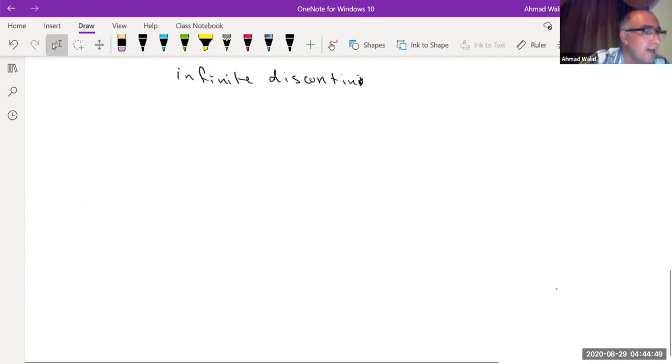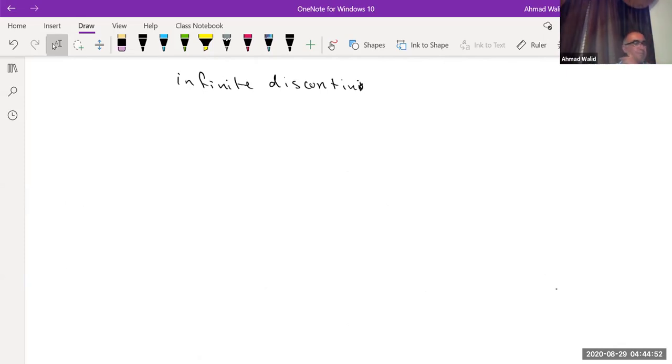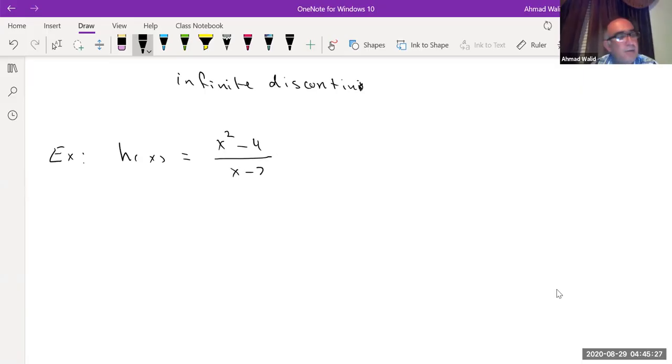Now, let's do another example. For example, let's name this function h of x equals x squared minus 4 over x minus 2.